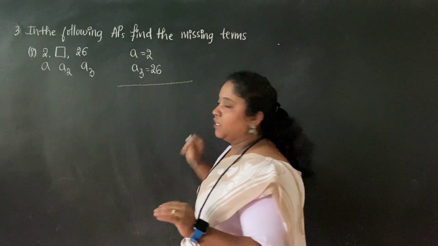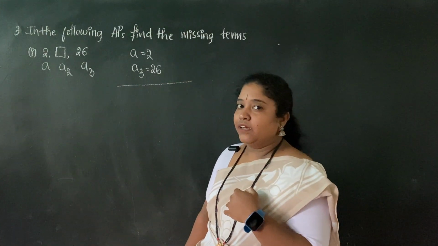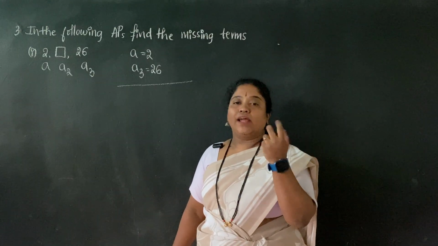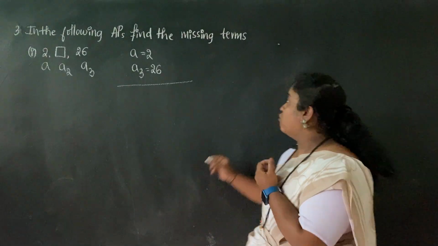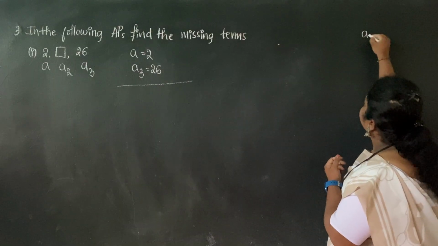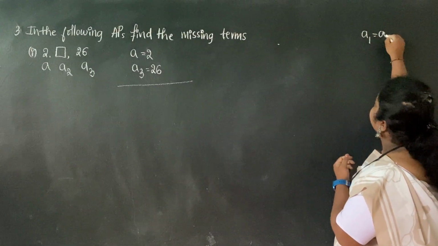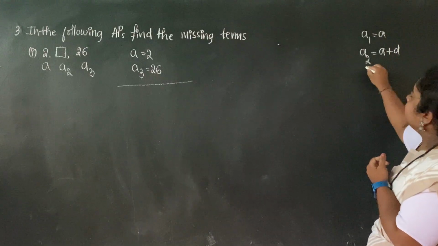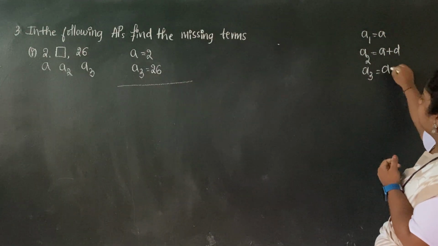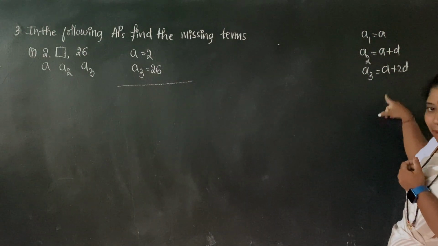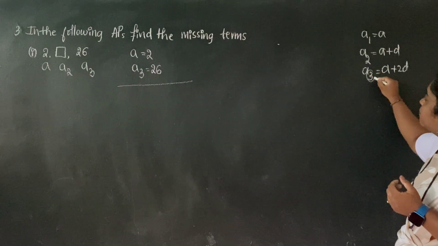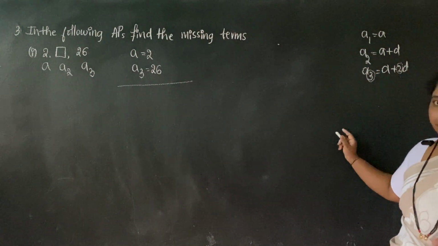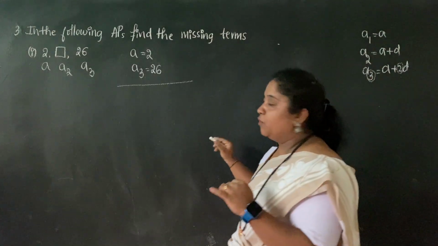Common sensically, it is understood that whenever I write any terms with respect to an AP, I have already told you, if it is the first term, I write it as A itself. If I write the second term, it is nothing but A plus D. If I write the third term, it is nothing but A plus 2D. Do you remember this pattern here? Whatever the number I have here, one less than that I need to multiply with D. Yes or no? So this is the pattern we have.